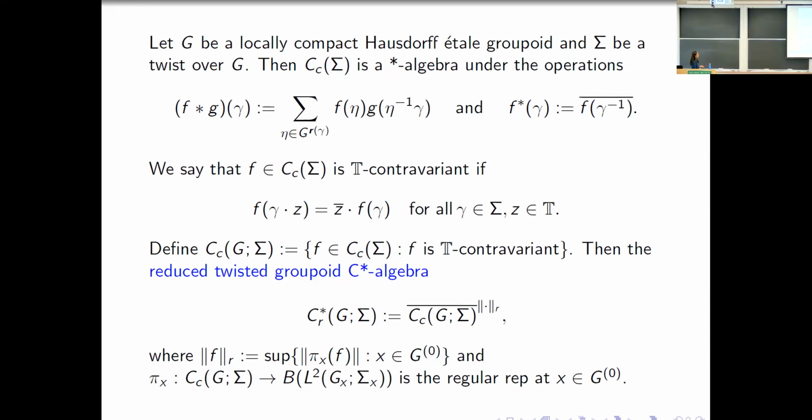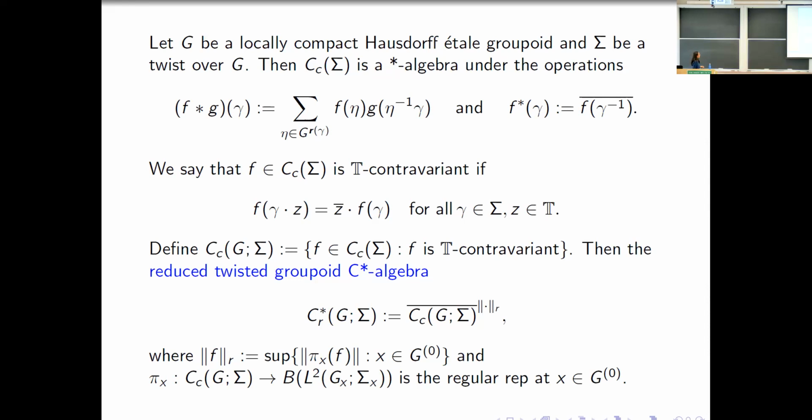What that means is that this is just a collection of all the functions coming from the continuous functions with compact support defined on this larger groupoid, the twist, which contains the original one, G. Moreover, we only collect those continuous functions which are also T-covariant. That's our notation, although it looks a bit weird, this is a collection of functions that have a domain on sigma instead of G itself.